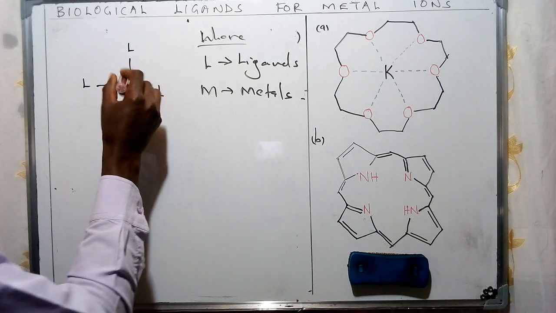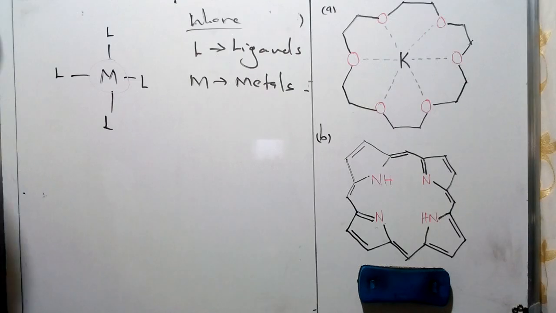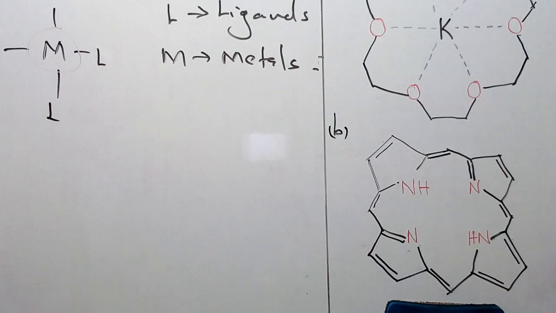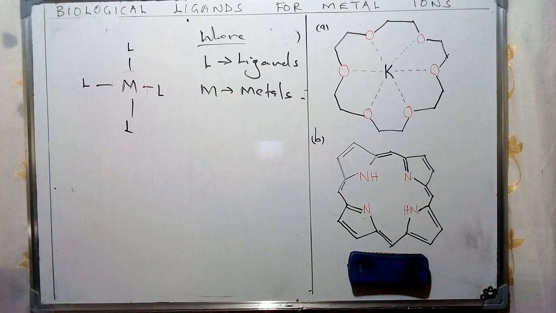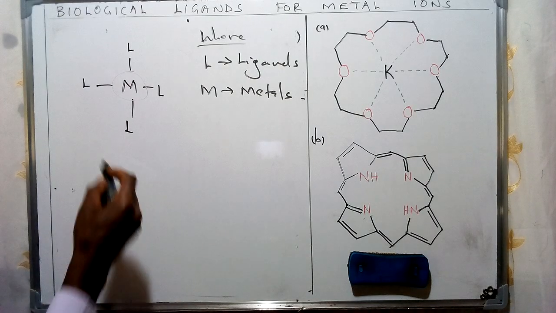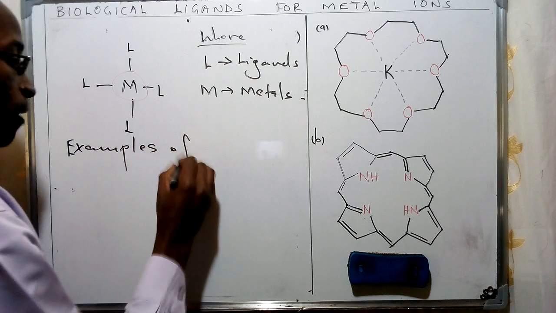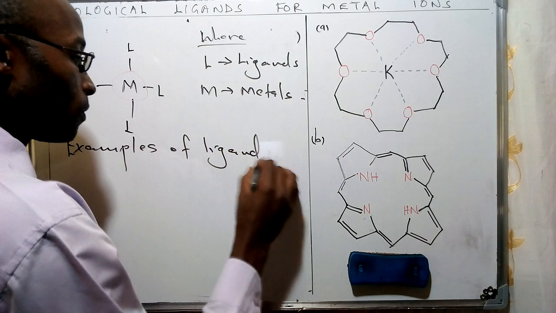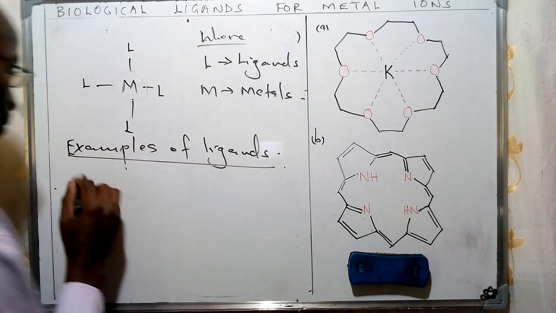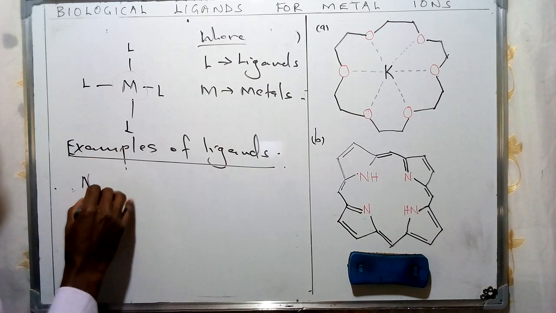So we can give different examples of ligands, which are going to be electron donors in this particular case. And these are going to constitute some of the elements which we have come across in our various discussions and the other forms of what we refer to as radicals. Now, I'm going to be giving particular examples of ligands. So we can give a few examples, which include the element of nitrogen.